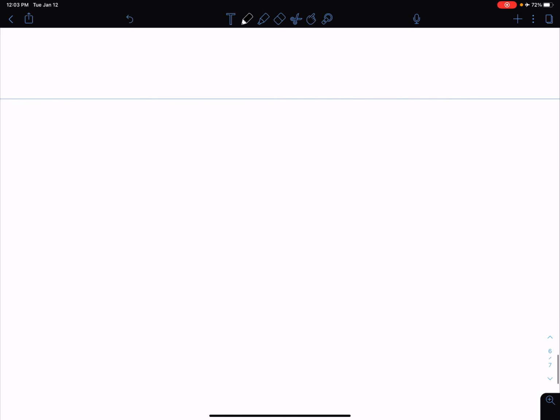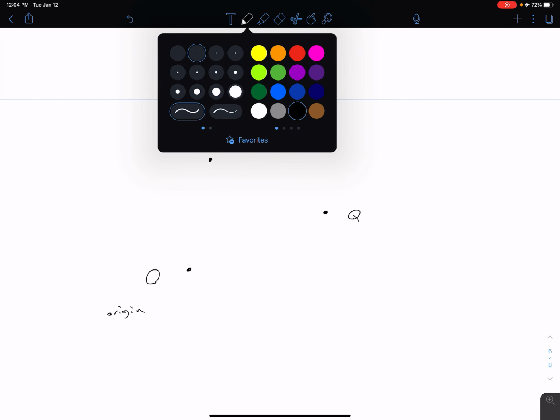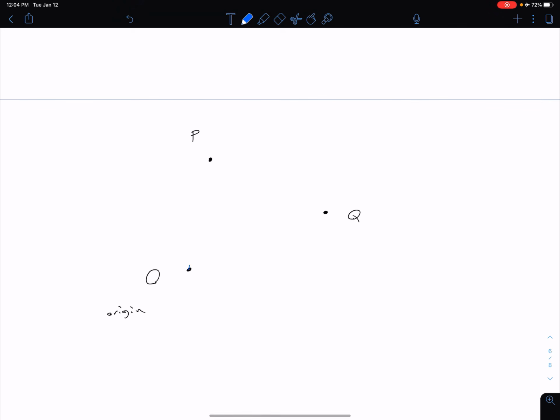Of course we can look at this graphically as well. Let's say we have some point here, which is our origin, and I'm going to mark that with an O. Let's say, just arbitrarily putting these points, this is our point P, and this is our point Q. First of all, we can draw in our position vectors, so let's do our position vectors in blue.